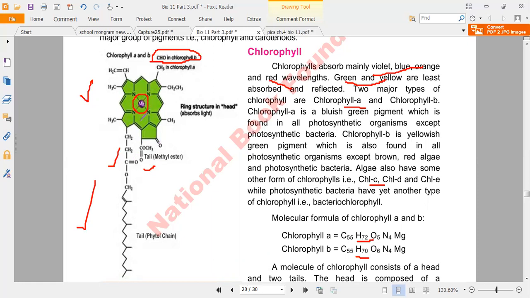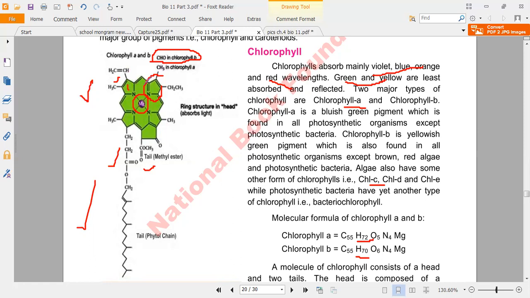Actually, chlorophyll has nitrogen atoms present at the corners, with four pyrrole rings. This is one pyrrole ring, and this one is another. We count from here, where this functional group is attached.